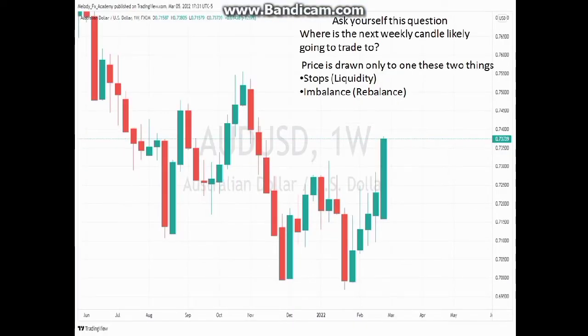Now what I want us to do right now is to imagine that this candlestick has not appeared, and we are currently here. Let's say we pull up our chart on the weekly time frame, and we are able to anticipate that price is likely reaching for this old high right here, this swing high.